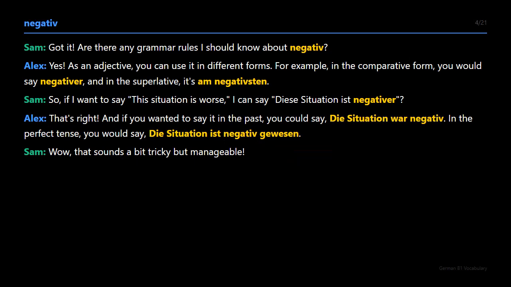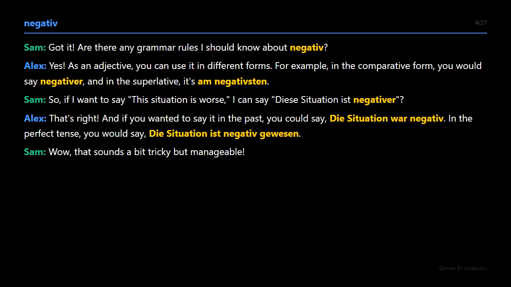Yes. As an adjective, you can use it in different forms. For example, in the comparative form, you would say negativer, and in the superlative, it's am negativsten. So, if I want to say this situation is worse, I can say die Situation ist negativer.